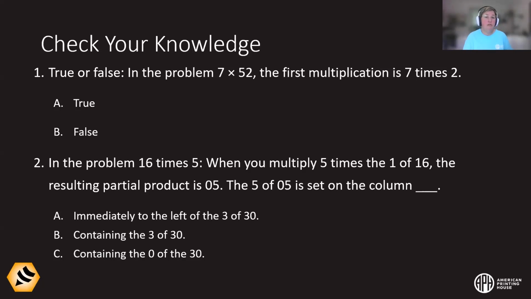So, true or false? In the problem 7 times 52, the first multiplication is 7 times 2. True or false?